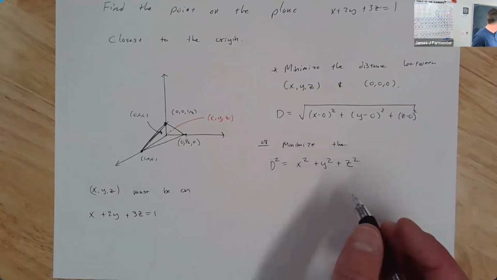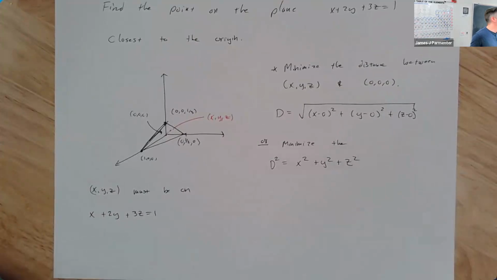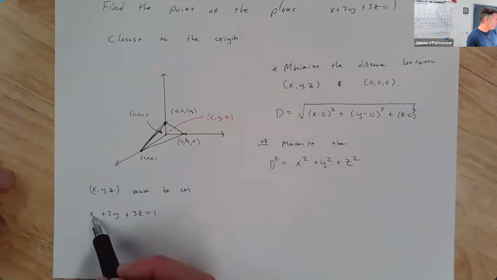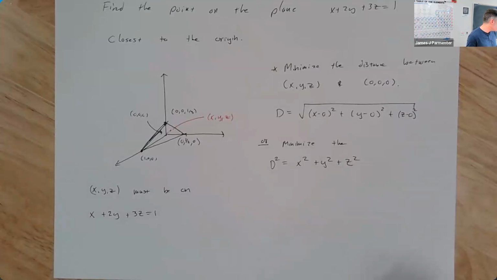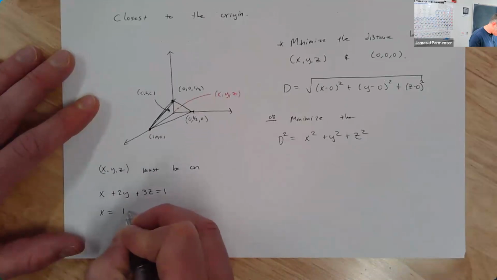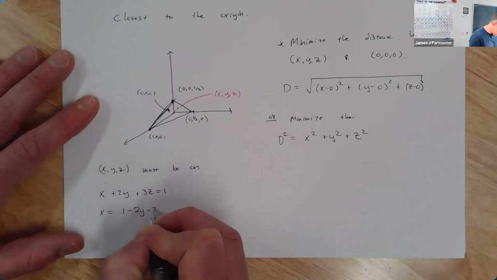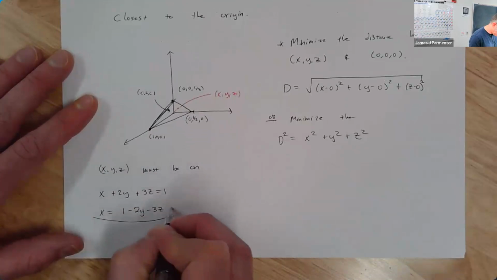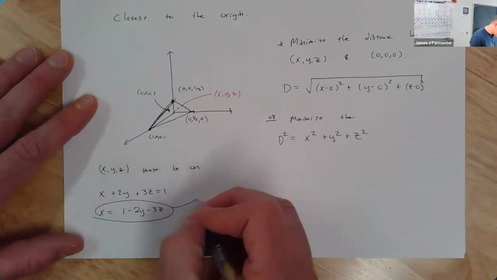Now, we're kind of used to having functions of x and y, but really you can pick any two variables you want. I think it's easiest to solve for x here instead of solving for z. So I would isolate x and say x is equal to 1 minus 2y minus 3z, and I'm going to substitute that in for x.